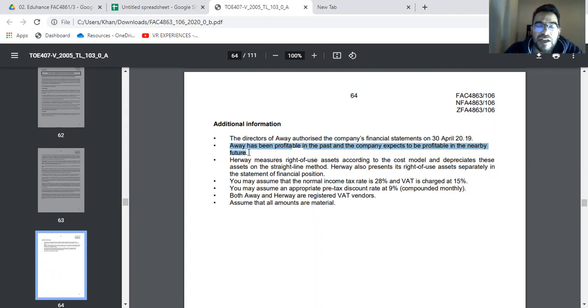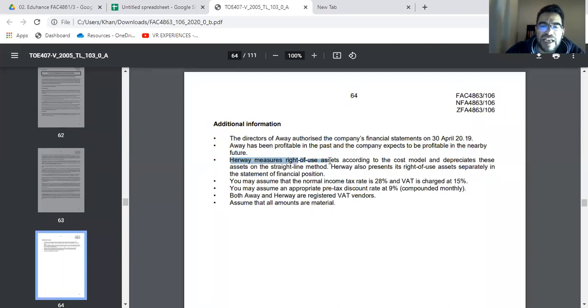The deferred tax asset can only meet the recognition criteria if you can benefit from it in future. The only way you can benefit from the deferred tax asset in future is if you're going to make sufficient taxable income to utilize it. And that is why they're telling you this, so that if you do have a deferred tax asset, you can recognize it.